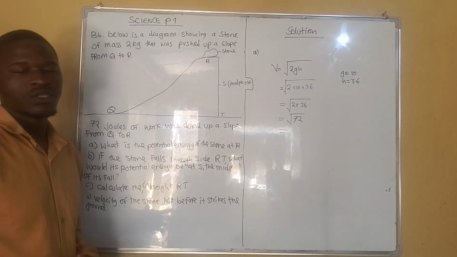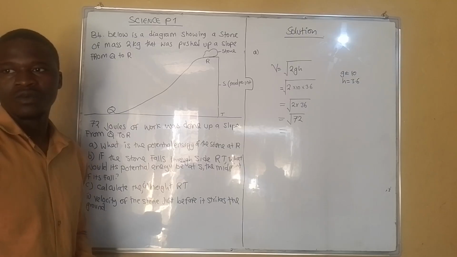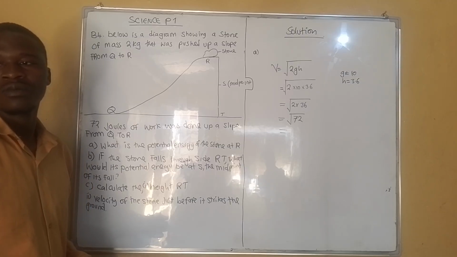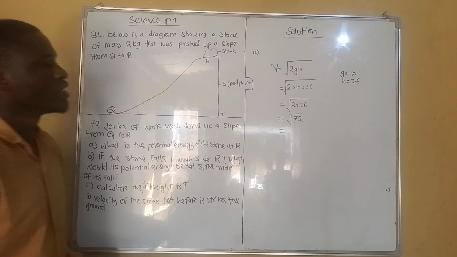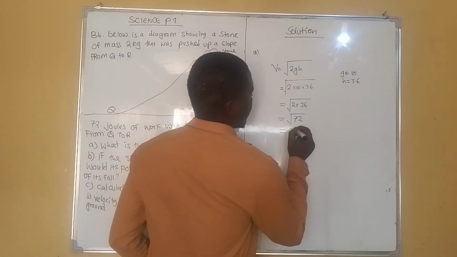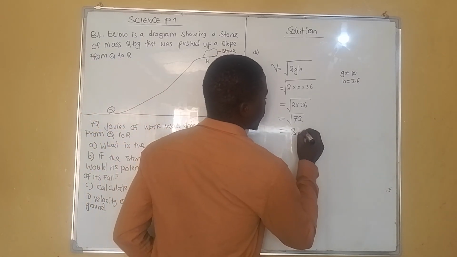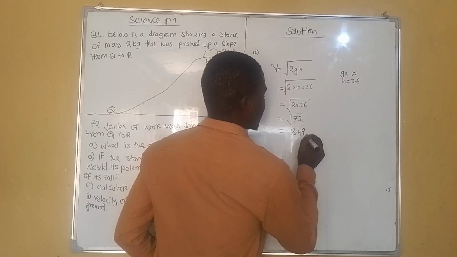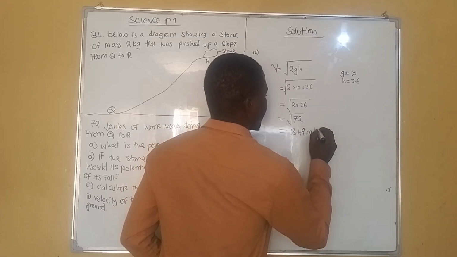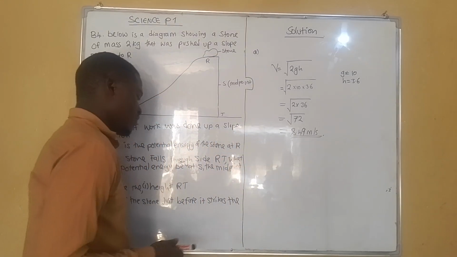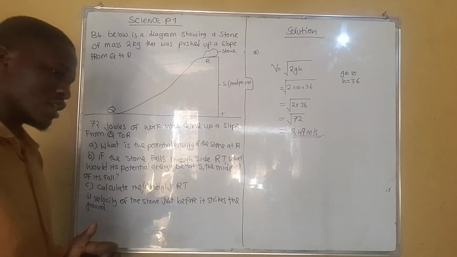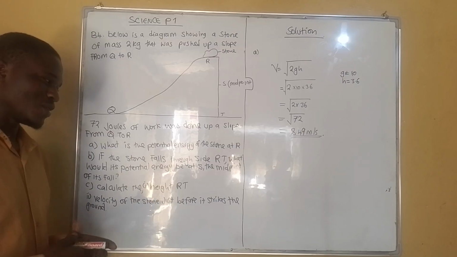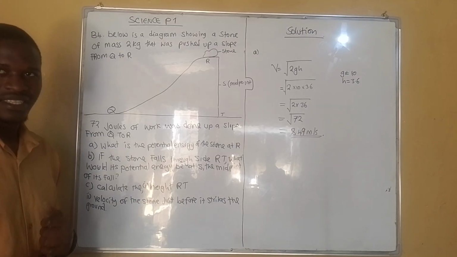What do you get when you punch the square root of 72 on the calculator? 8.49 meters per second. So this is the velocity of the stone just before it strikes the ground.